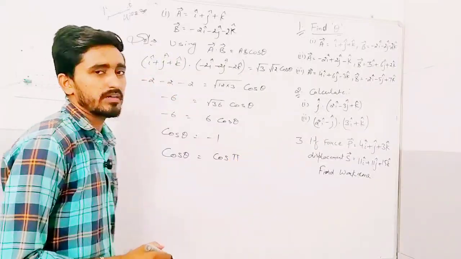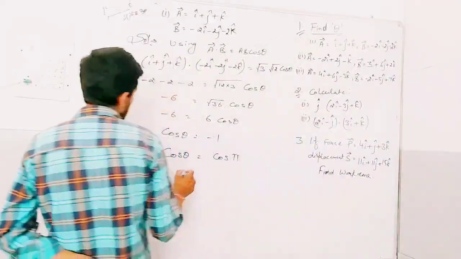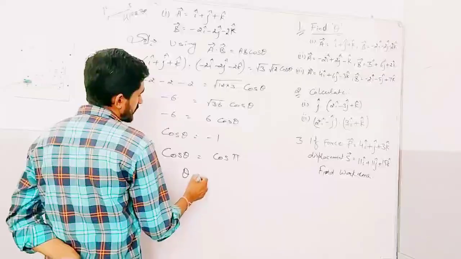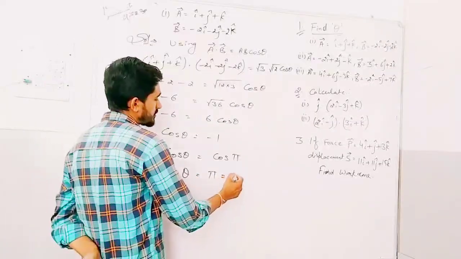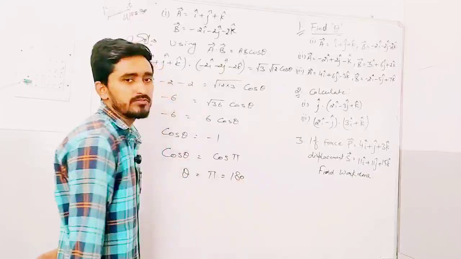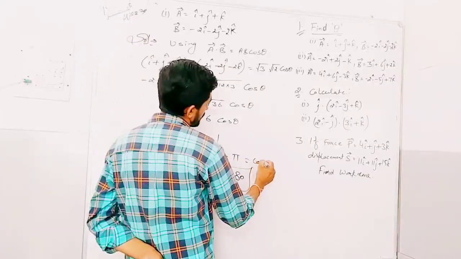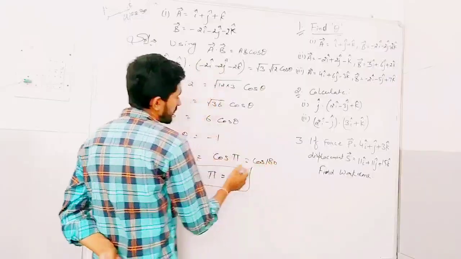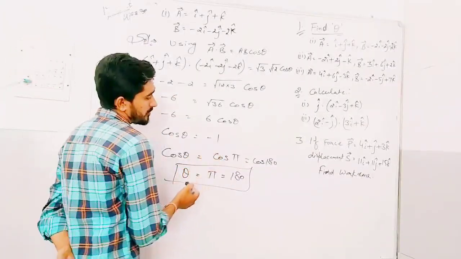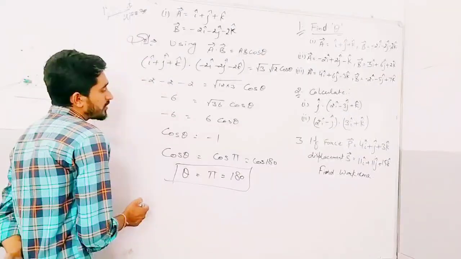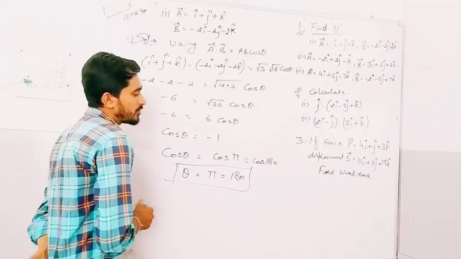Cos pi is minus 1. Comparing both sides, we get theta equals pi, or you can say 180 degrees, since pi is 180. This is theta with the dot product.